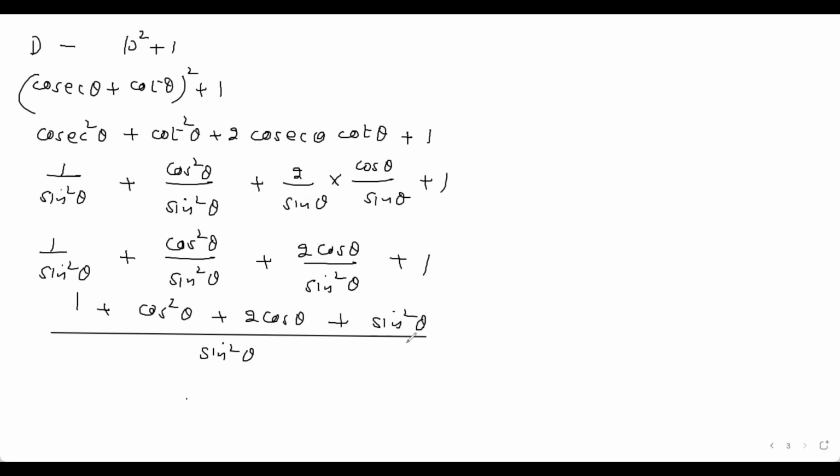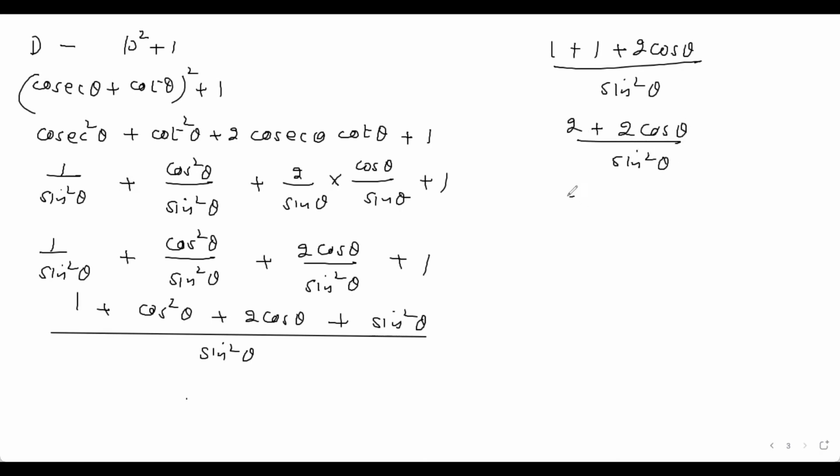Sine square theta plus cos square theta is 1. It means 1 plus 1 plus 2 cos theta upon sine square theta. That is 2 plus 2 cos theta upon sine square theta. Take 2 common. I'll have 2 times 1 plus cos theta upon sine square theta.